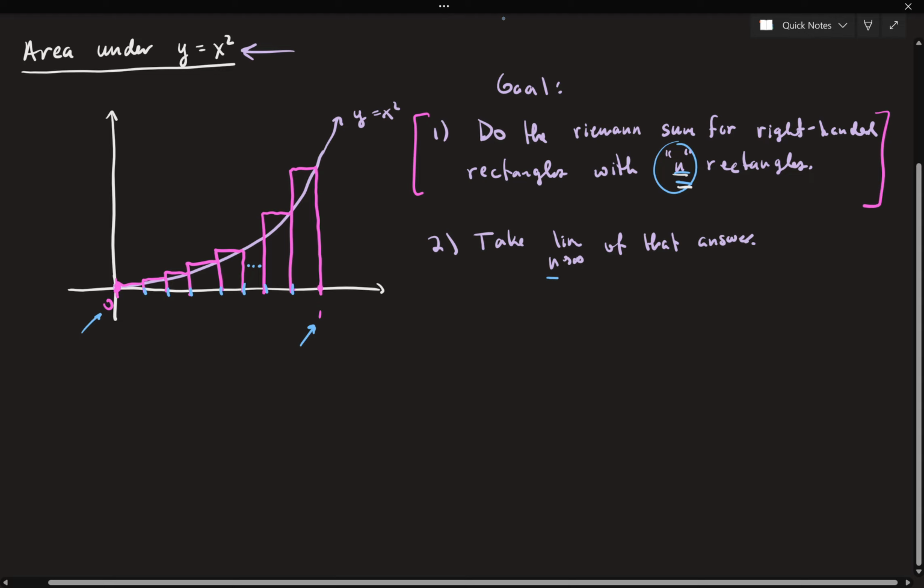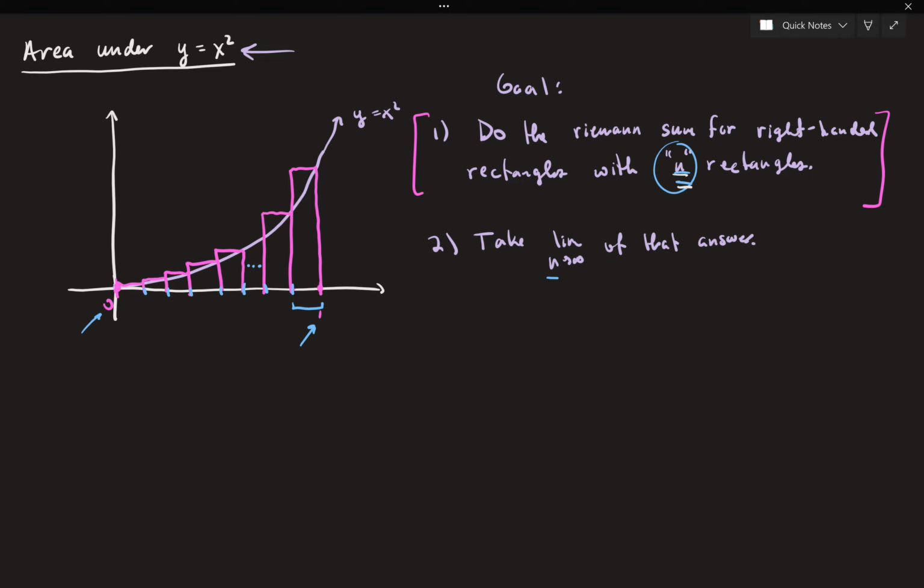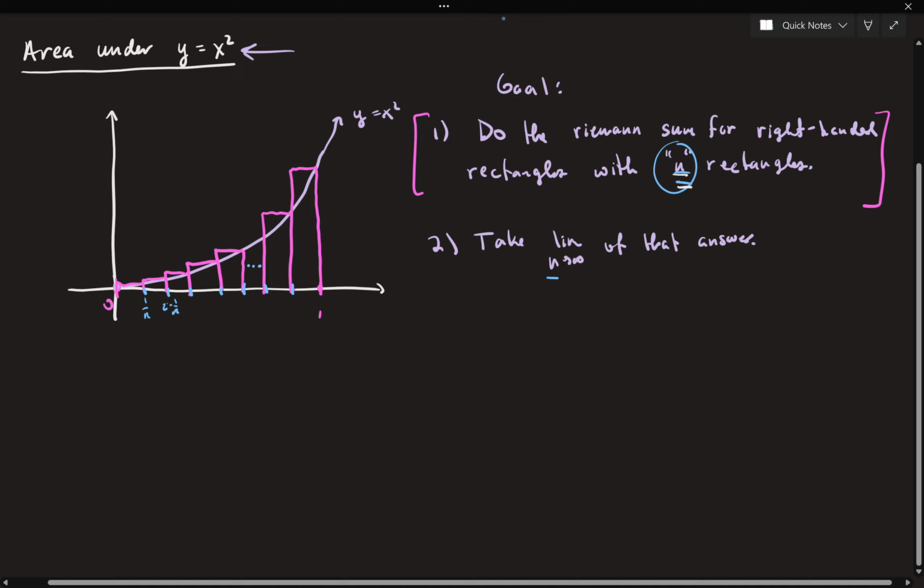So the width of each of these rectangles is 1 over n, because I've split up length 1 into n many pieces. Once I do that, this x value is 1 over n. This x value is 2 times 1 over n, because I have to go 1 over n twice. So that's 2 over n, then 3 over n, 4 over n, 5 over n.